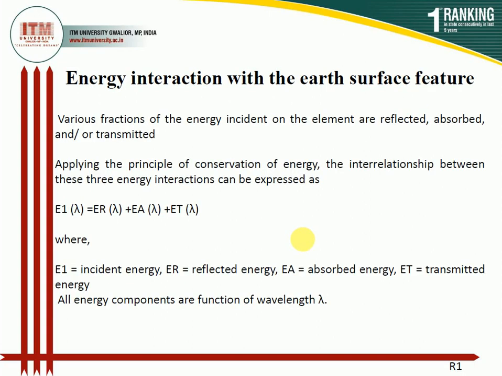On the Earth's surface, the energy interacts in three ways. There is the law of conservation of energy, which predicts that all the energy in the universe remains constant. It only transforms from one form to another. So there is incident energy, reflected energy, absorbed energy, and transmitted energy.